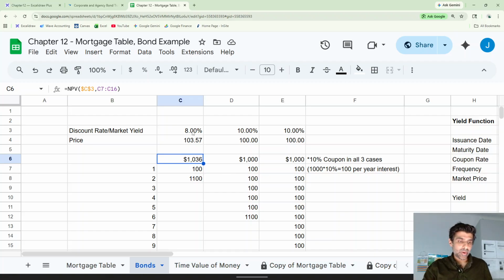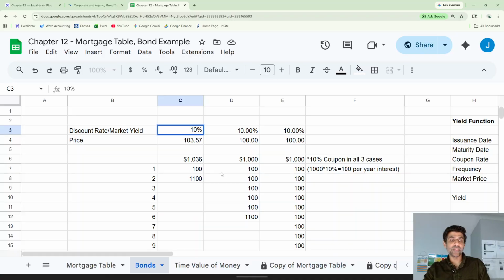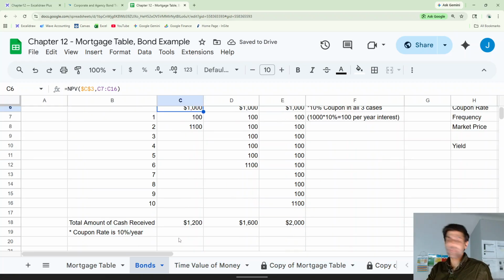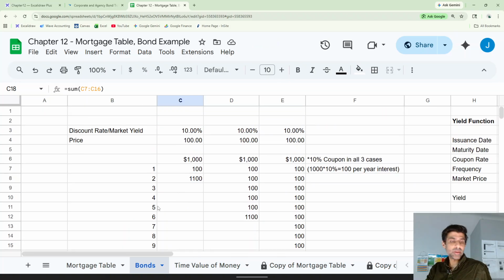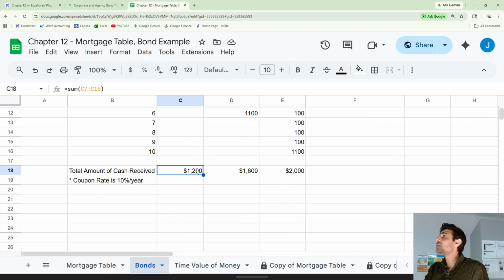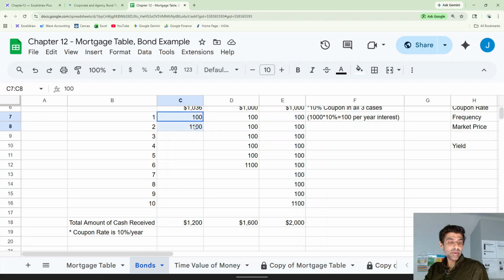So remember, if the market yield was the same as the coupon, they're going to pay $1,000 and get $1,200 back if this all goes well. If the market yield is 8%, they're going to actually pay $1,036. This $1,200 is unchanged, right? Because this payment schedule is a fixed amount.